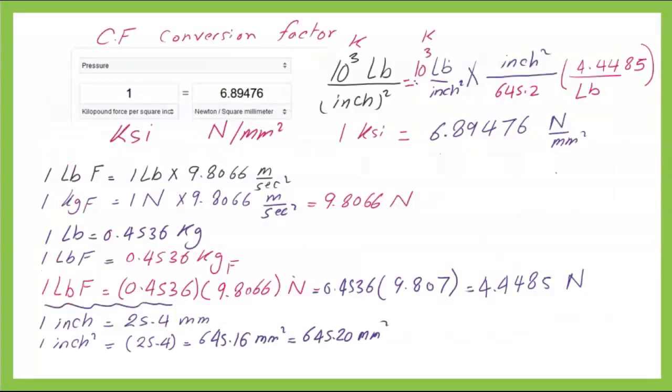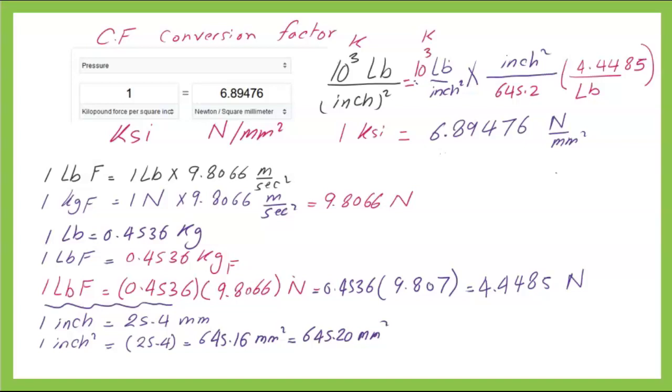From the next slide, we will find the conversion factor for KSI to Newton per millimeter square. We start from our information in physics that 1 pound force acts on 1 pound mass with an acceleration of 9.800 meter per second square, while 1 kilogram force acts on 1 kilogram mass with an acceleration of 9.8066 meter per second square.